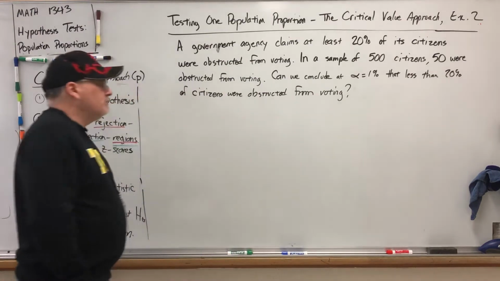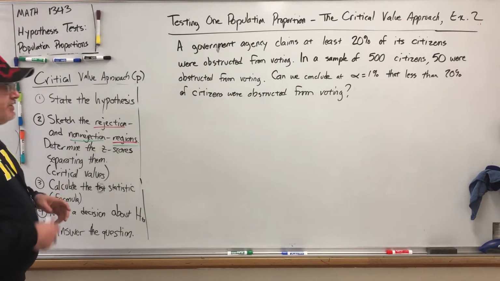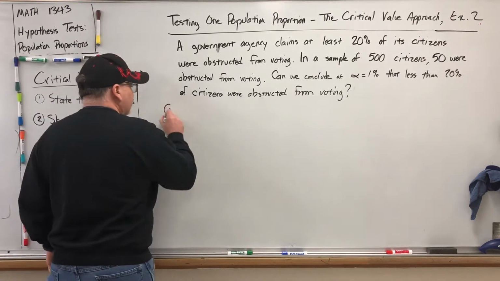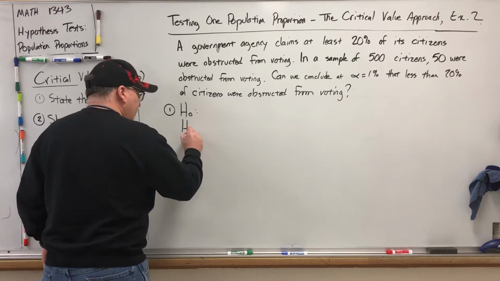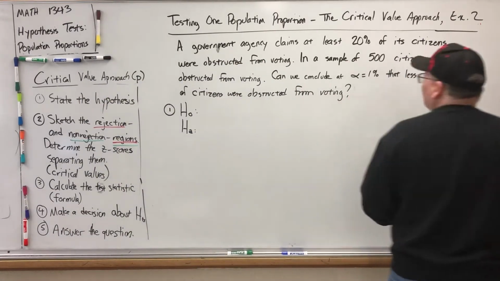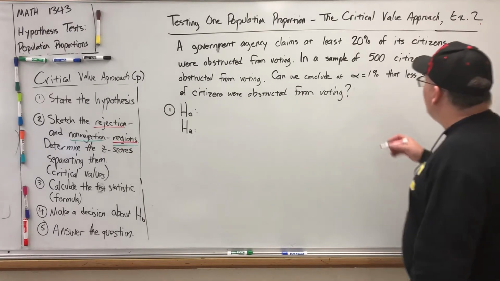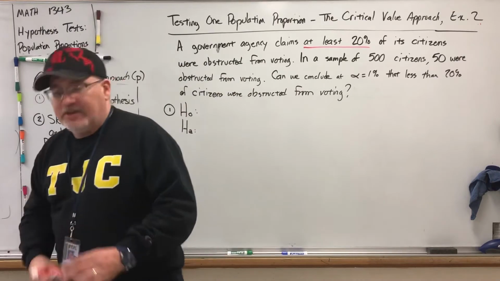Well, let's jump right into it. Step 1, state the hypotheses. H0 colon, HA colon. Let's start with a claim by the government. At least 20%. Context-wise, we don't need anything else.